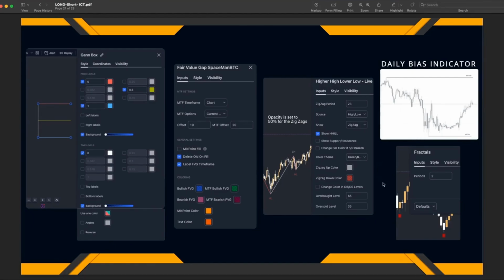Real easy stuff to use. They're all free, and if you can't add all of these onto your TradingView account because you have a smaller plan, then the best thing that I can recommend to you is to either upgrade or just use one by one.